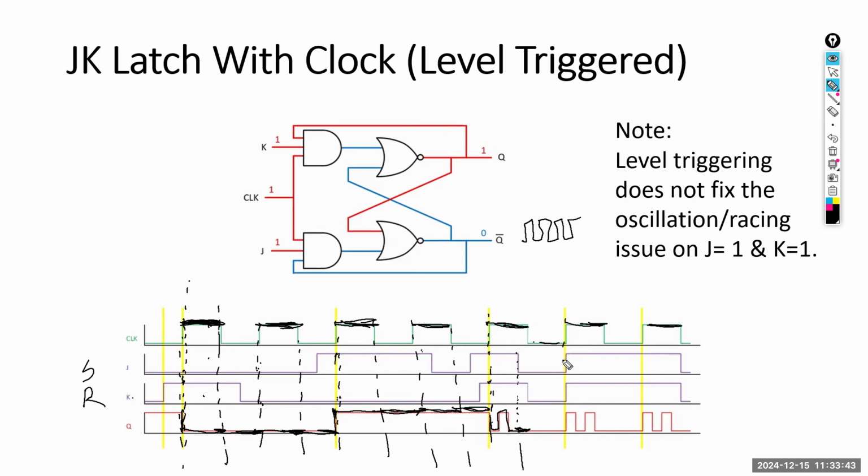Then of course it is disabled. Again, when it goes to the high level, both are 1, so again a racing situation. Then again it goes to memory. And again when it's high, both are 1, racing situation, and so on. So you can see there's a possibility of racing situations in high level, low level triggering. These are not good things. That actually shows you the issue with level triggering.